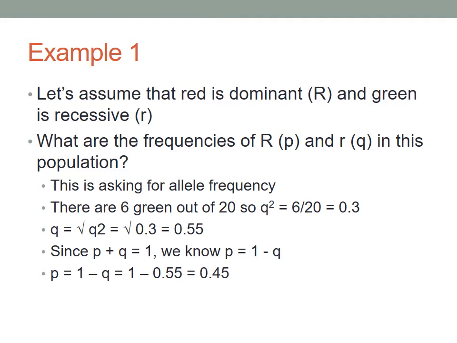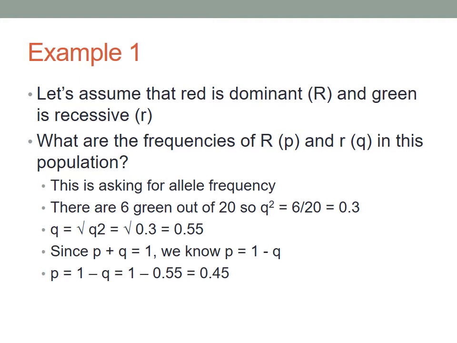So that tells us that Q squared equals 6 divided by 20, or Q squared equals 0.3. And then to calculate Q, we can take the square root of Q squared, or the square root of 0.3, which is 0.55. I'll give you kind of a moment there to do the math, but that's what we find that it is.